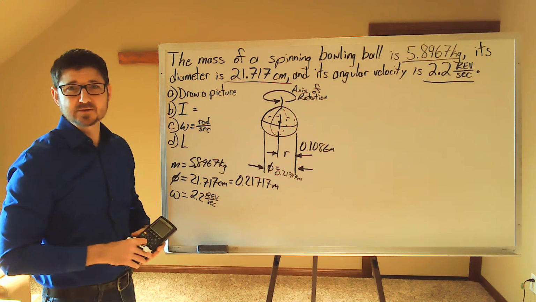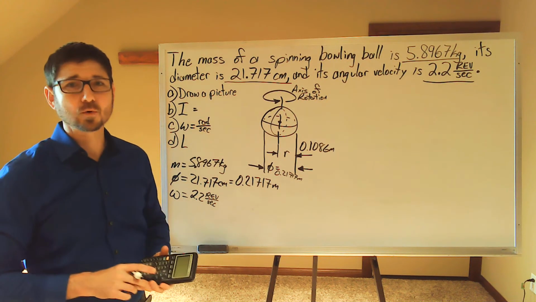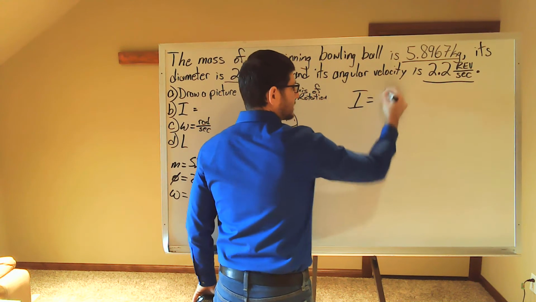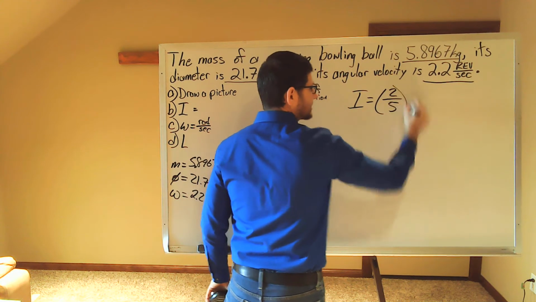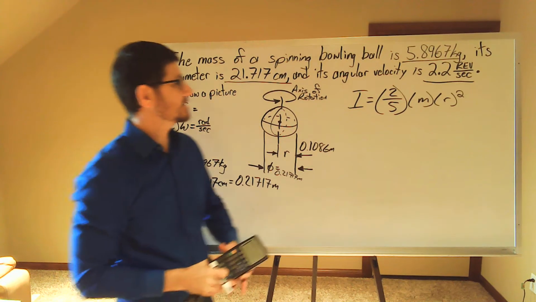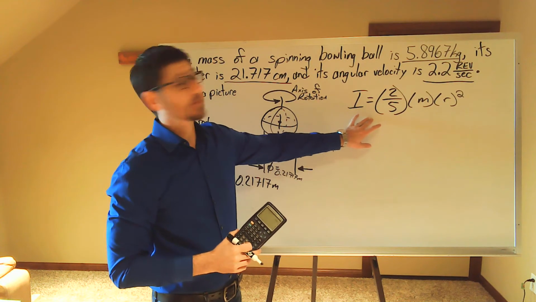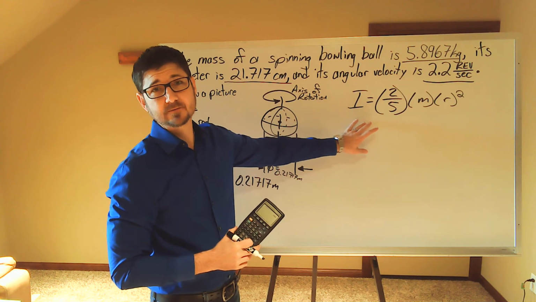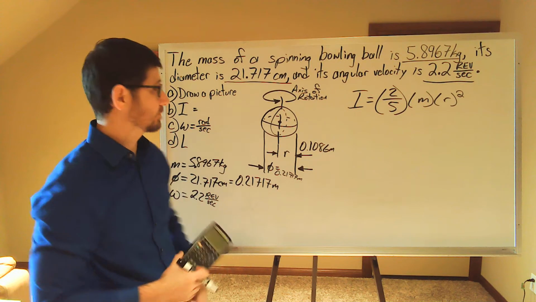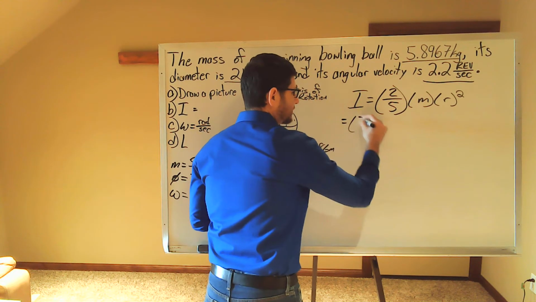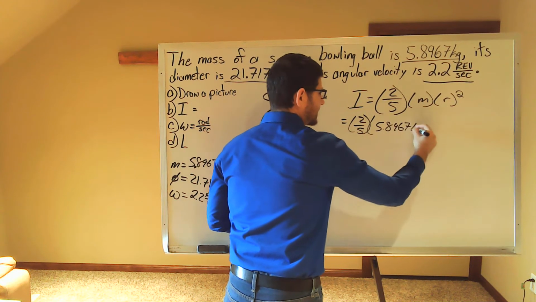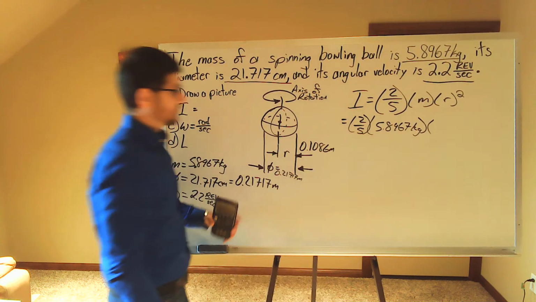Part B wants us to calculate the moment of inertia for the bowling ball. So we're going to use the base equation, I equals 2/5 mr squared. This is the equation for the moment of inertia for a sphere, and we can apply that to our situation, which is a bowling ball. So what I have is 2/5 times the mass, 5.8967 kilograms, multiplied by the radius squared.